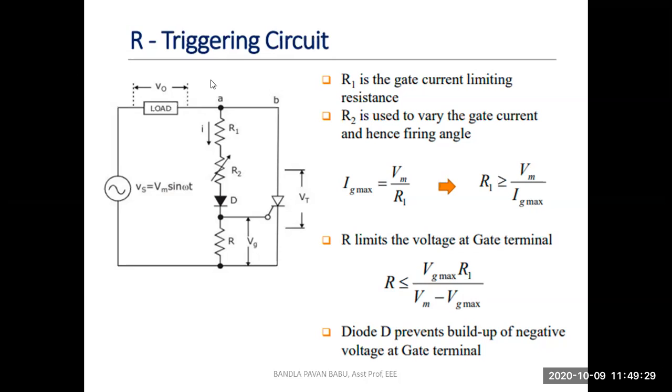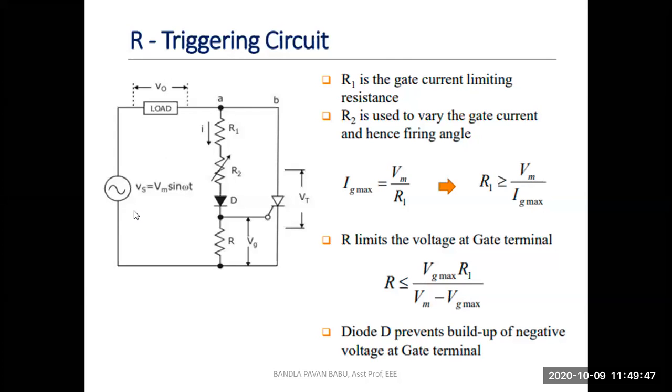This is the configuration of the resistance triggering circuit. The drop across the thyristor is mentioned as Vt. The load voltage is V naught, and the input voltage is Vs, which is our single phase supply, though we can analyze differently in case of DC.